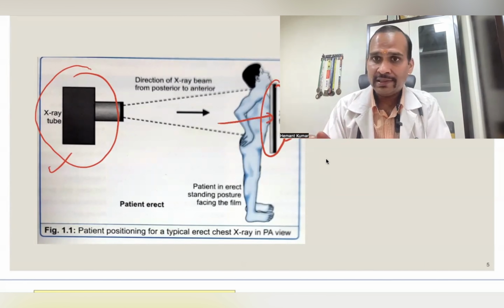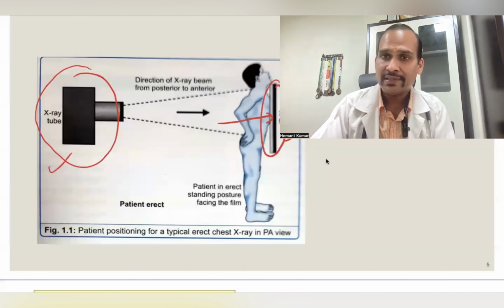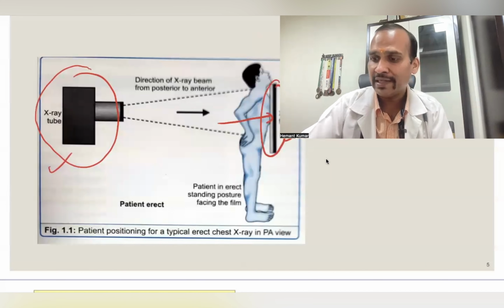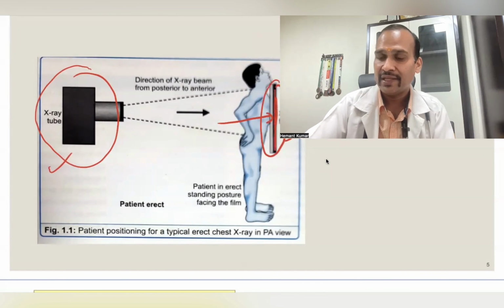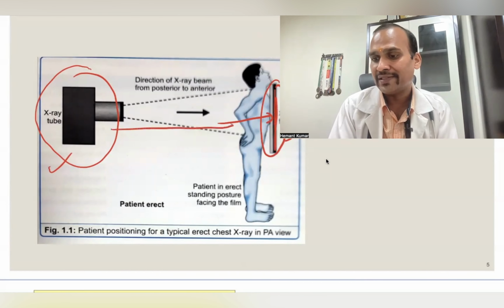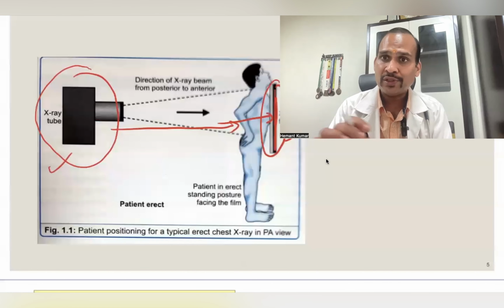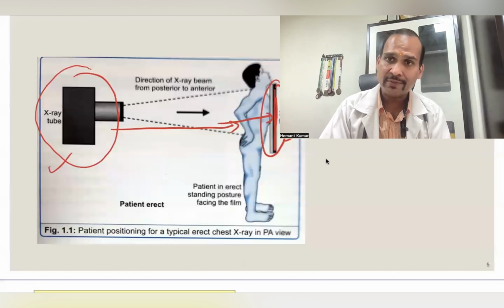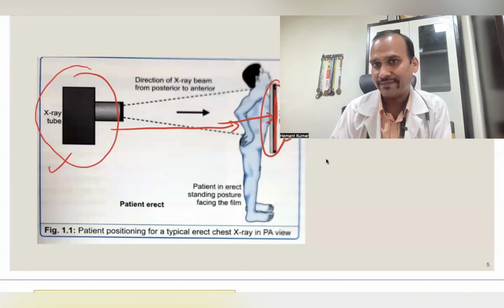In this example, the man is standing like that. The plate is on the anterior side, touching the chest. X-ray is coming from the back side. So this is the posterior anterior view, and this is the most commonly used X-ray in the field of pulmonary medicine.